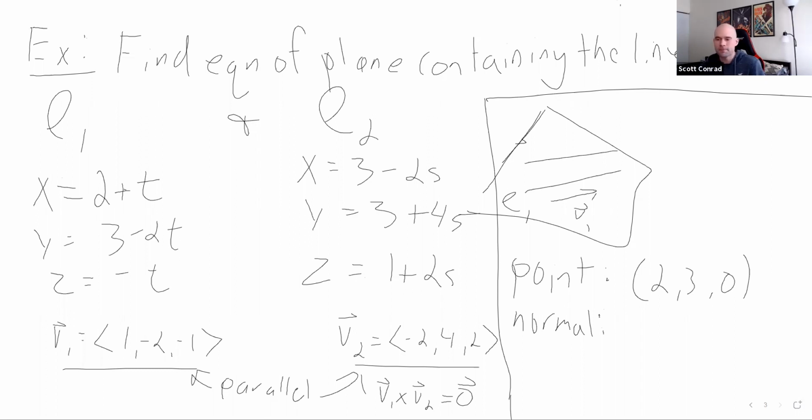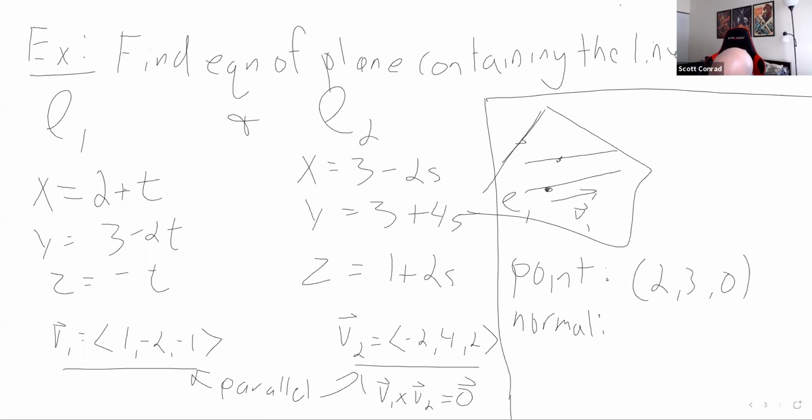each line, right? We can find a point on line 1, just plug in some value of t equals 0. Midpoint, I think you're on the right track, but there's actually something even simpler, right? So just pick any point on the first line, just plug in t equals 0. Pick any point on the second line, plug in s equals 0.